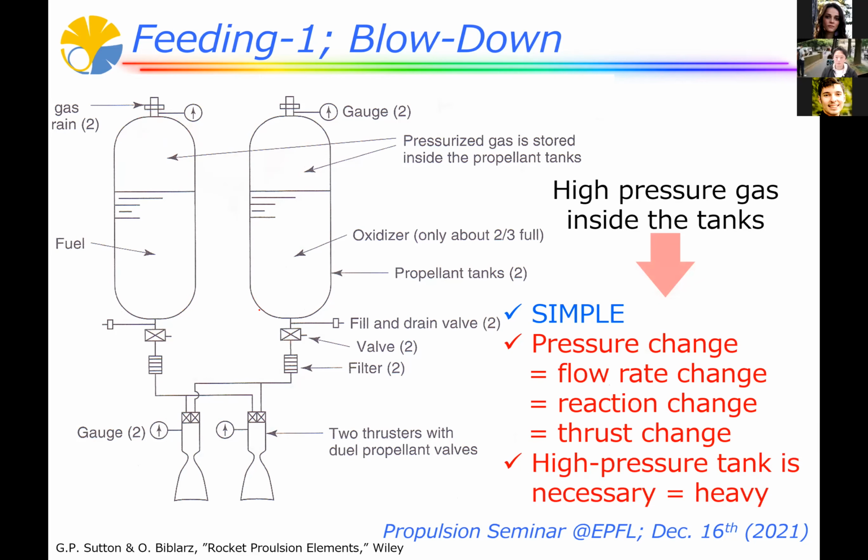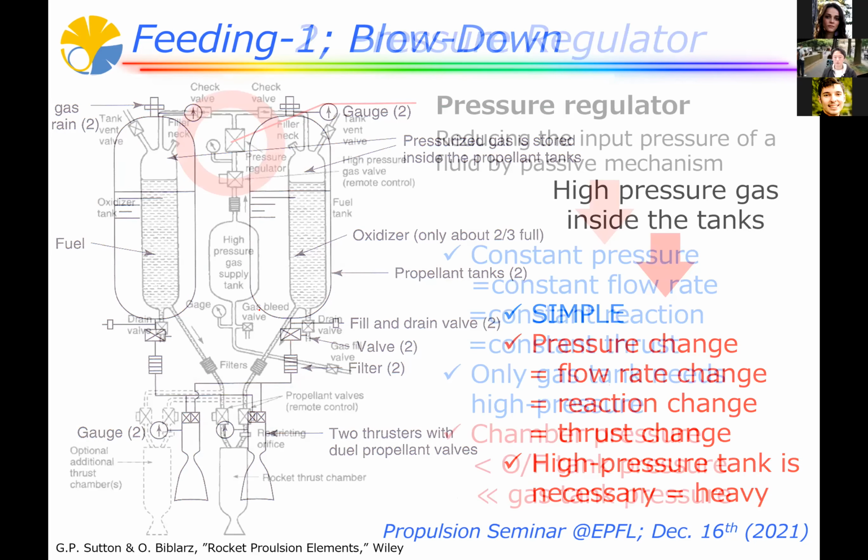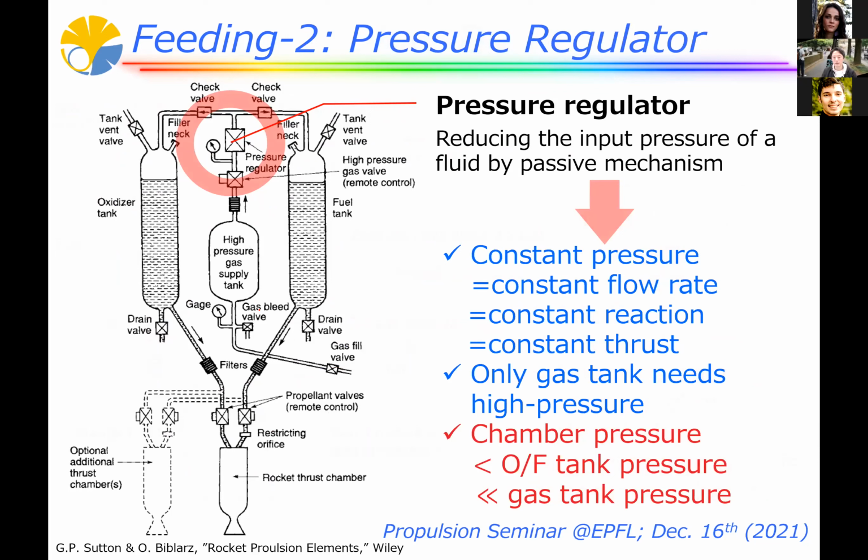And the second method is almost similar to the blowdown method, but it's called a regulator. So by using the pressure regulator here, we can keep the pressure constant in the downstream area of the pressure regulator. So by using this device, we can get a constant thrust.